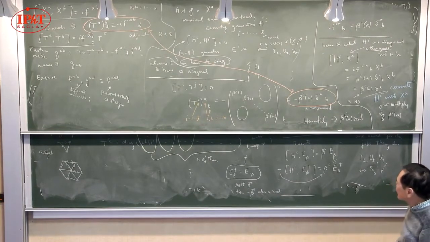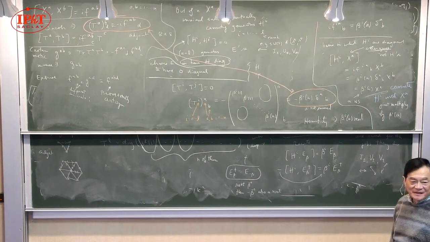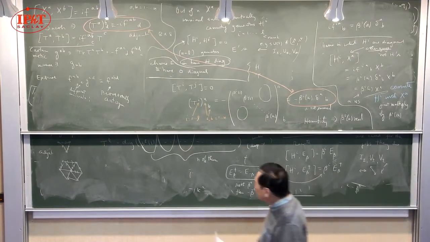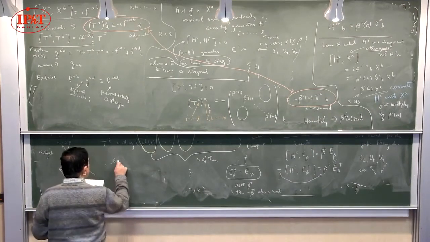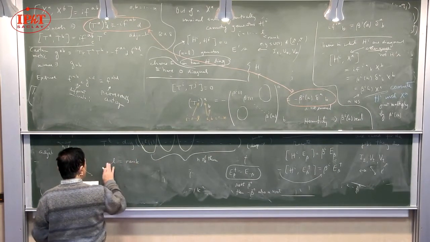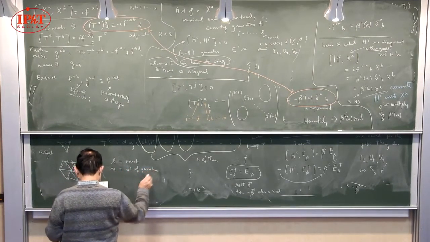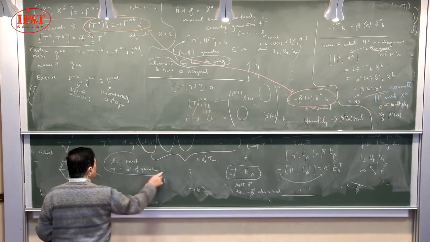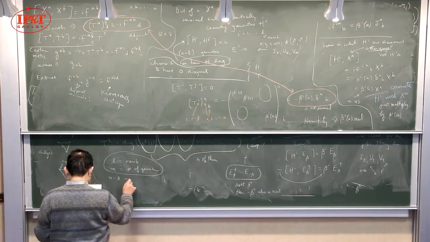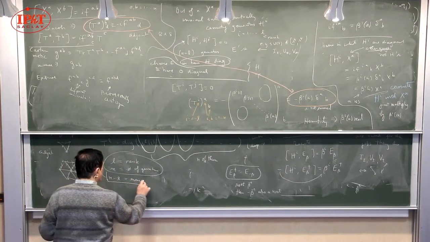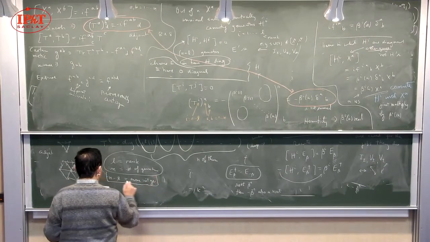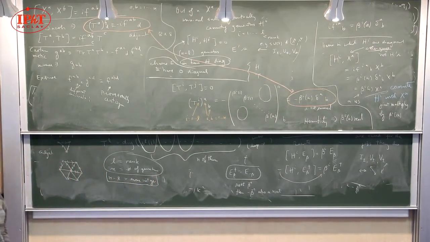Now, just from this, we immediately have an interesting theorem. Remember that L is the rank of the algebra, and N is the number of generators. Immediately N minus L must be an even integer, because the number of root vectors is N minus L. N is the total number of generators, and if you take away the ones in the Cartan subalgebra, it has to be an even number of them, because if beta is a root, minus beta is a root.